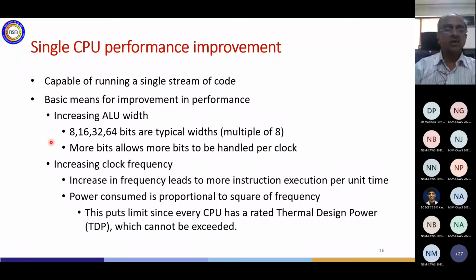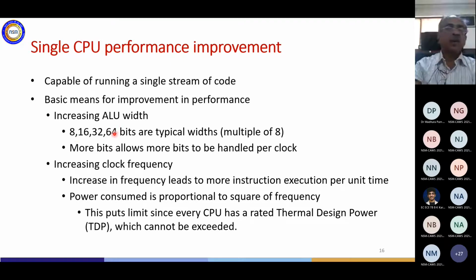So the conclusion is simple. You have more number of bits, so these can be handled per clock. That means you can handle bigger data. Suppose your actual floating point number is 256 bit, because you want good accuracy. If you had a 16-bit processor, you would have been required to do 16 times the operation to handle 256 bit.